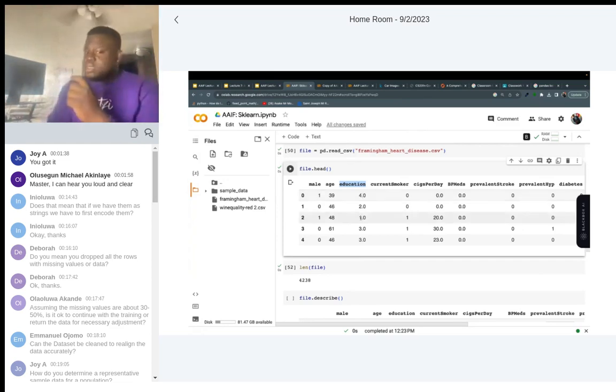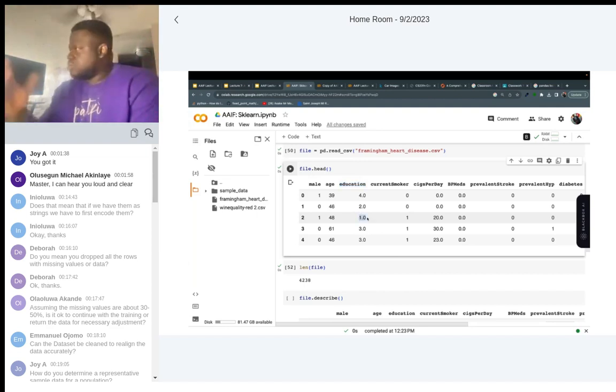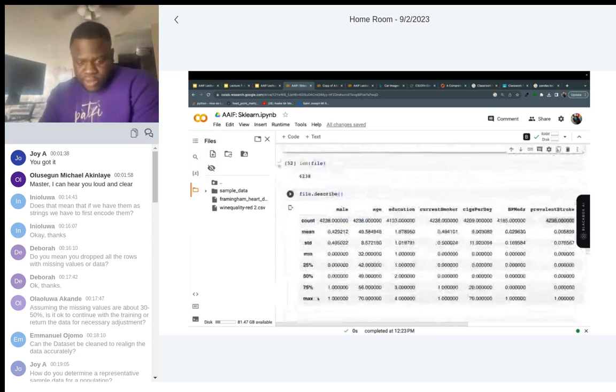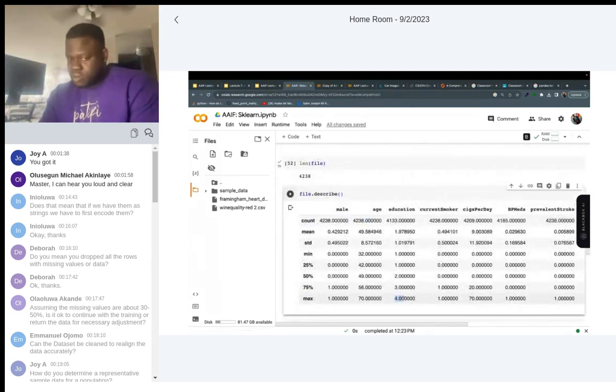So one may mean, we don't know, this is the data they just gave us. One may mean only primary education. 2 may mean secondary education. 3 may mean something else, but from the describe, we know the highest value of education is 4 and the lowest value is 1.